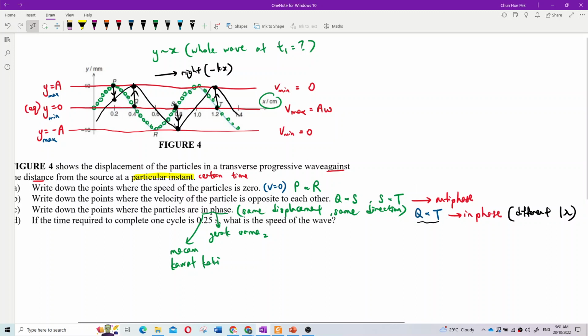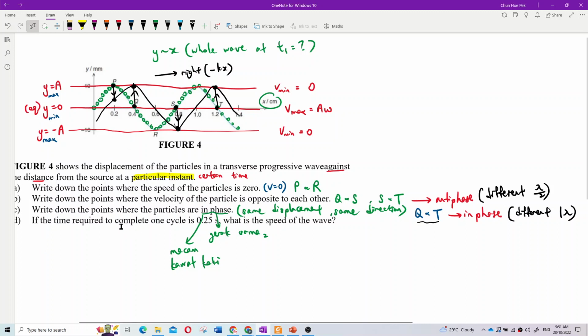Kalau half lambda, dia anti phase. Kalau difference half lambda itu dia adalah anti phase. Faham ke kelas? Faham je. Saya terlalu lambat kah ni?